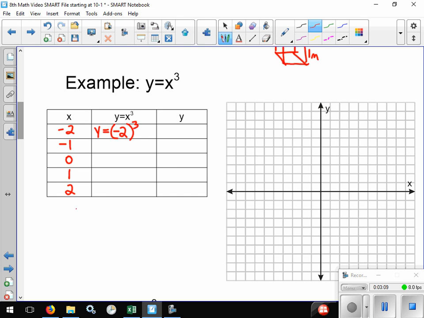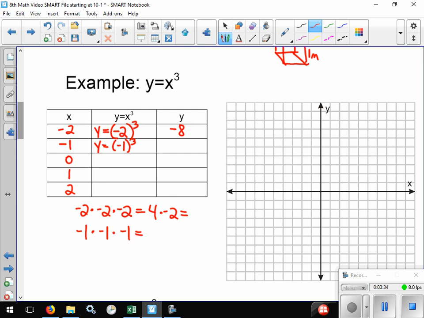So that means it's -2 times -2, and then times -2. Okay, well, -2 times -2 is 4, times -2 gives us -8. Okay, so now we have y equals -1 cubed, or to the third power. So it's -1 times -1 times -1.